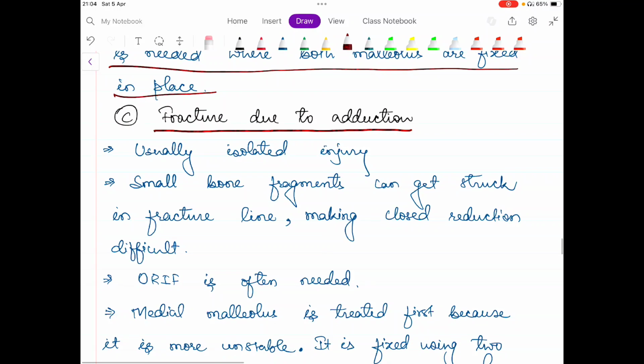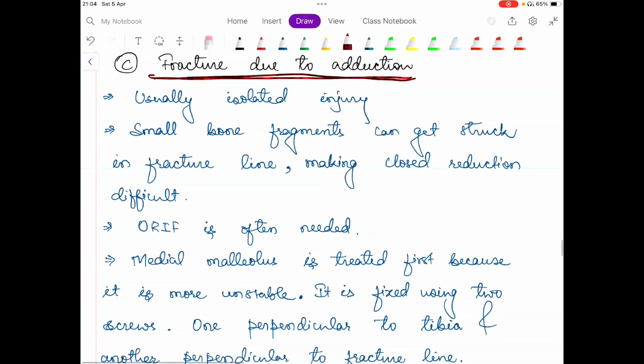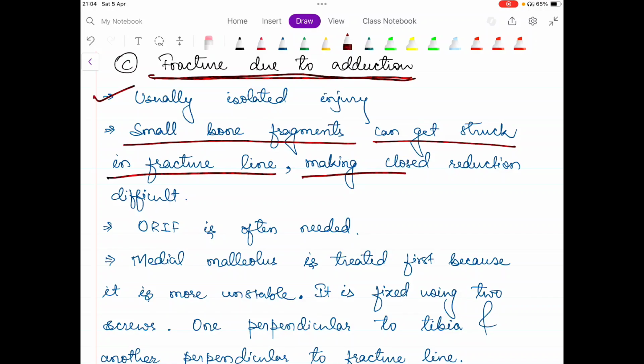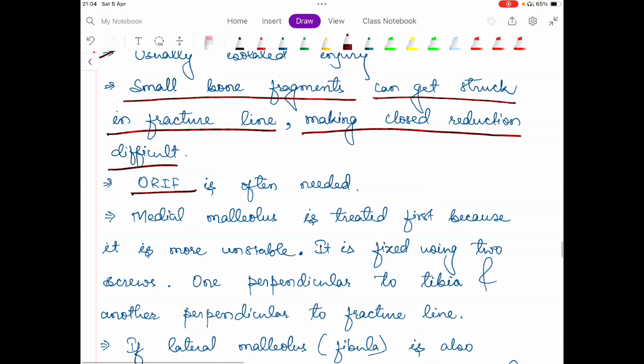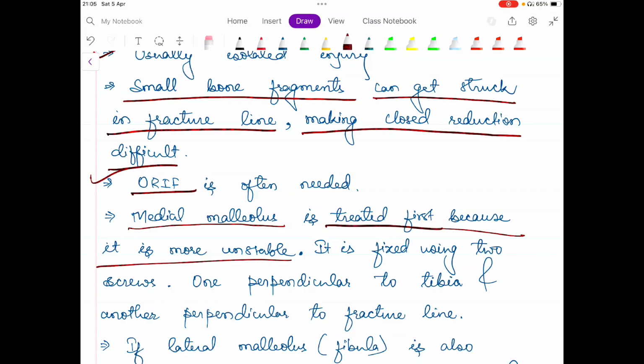The third one is fracture due to adduction. It is usually an isolated injury. Small bone fragments can get stuck in the fracture line, making closed reduction difficult. So closed reduction is very difficult where the fracture occurs due to adduction forces. All right. So ORIF, open reduction internal fixation, is needed, where the medial malleolus is treated first because it is more unstable.